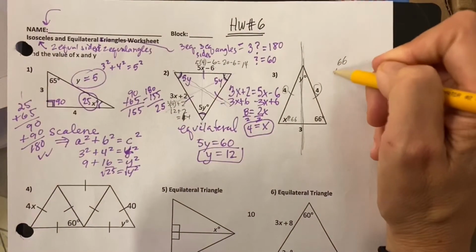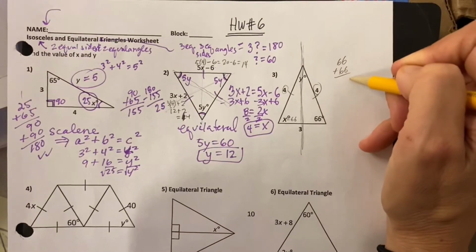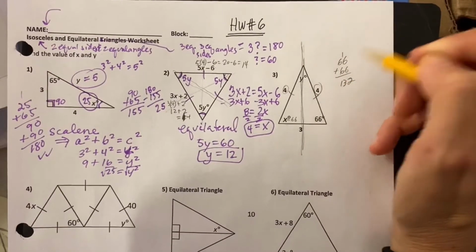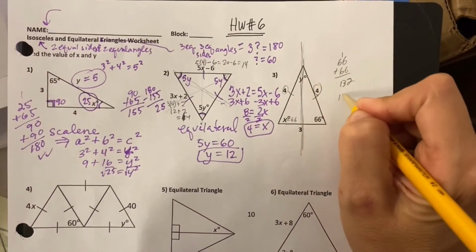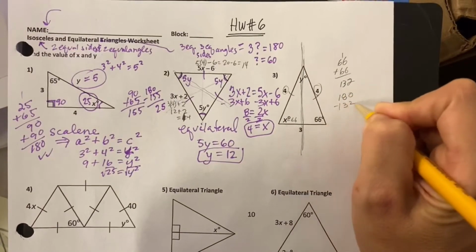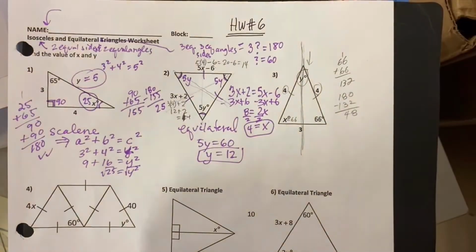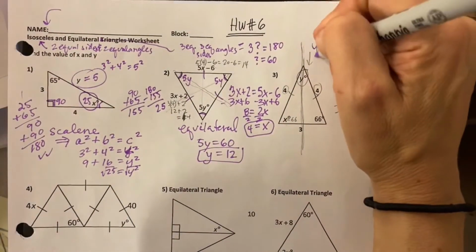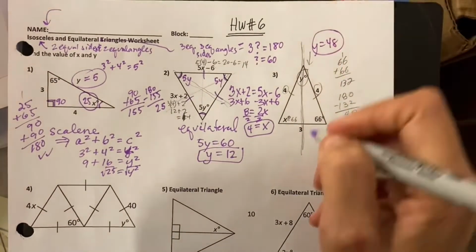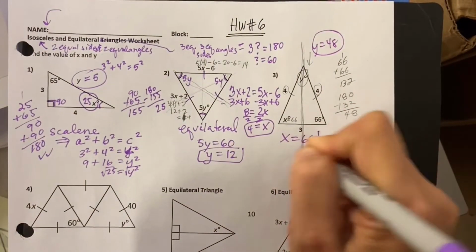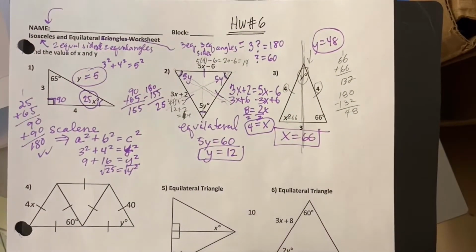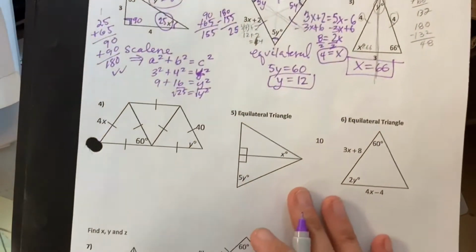So 66 plus the 66 is 132. So I can solve for y, 48. Beautiful. Fun. These are so much fun.